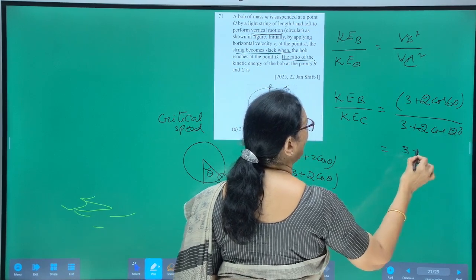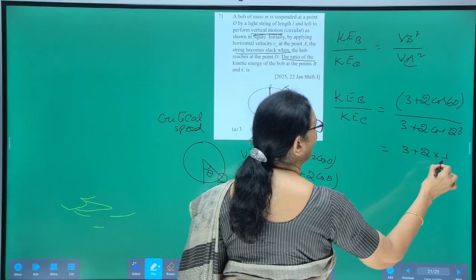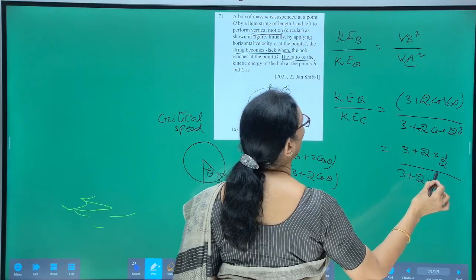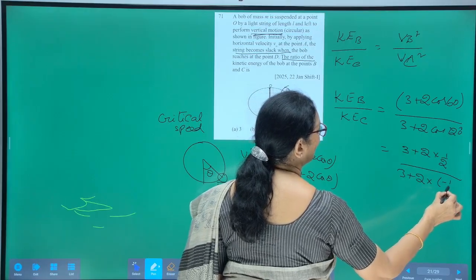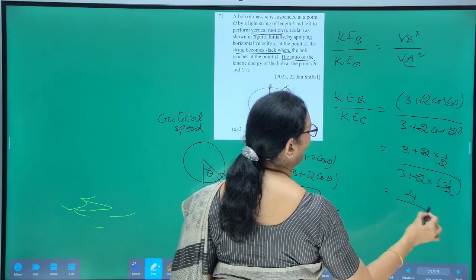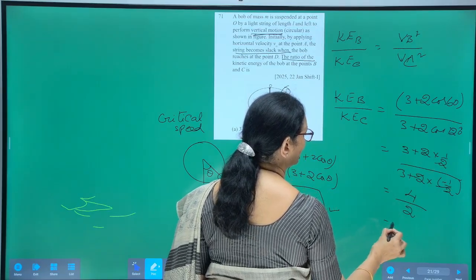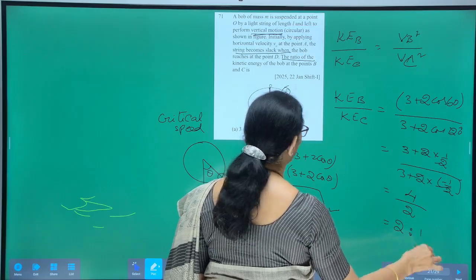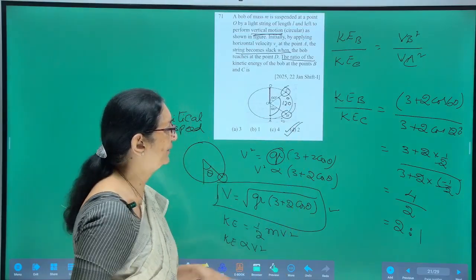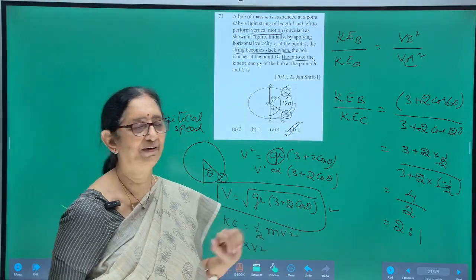So, 3 plus 2 into half, by 3 plus 2 into minus half. That is 4 by 2. The answer is 2:1. So that is the correct answer for that problem.